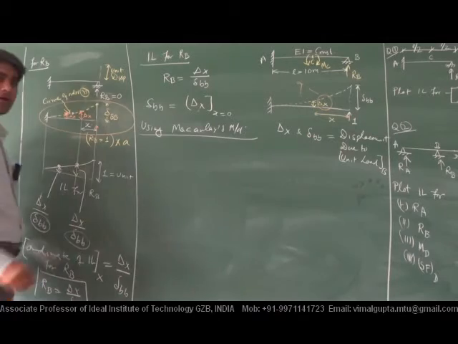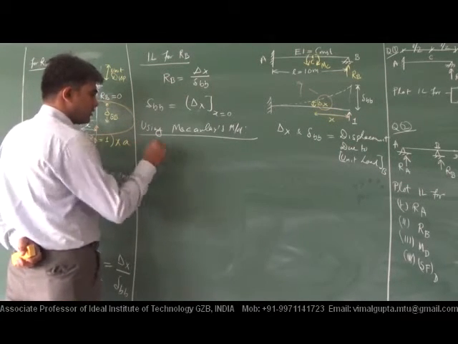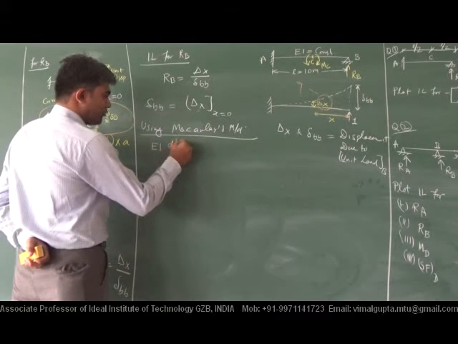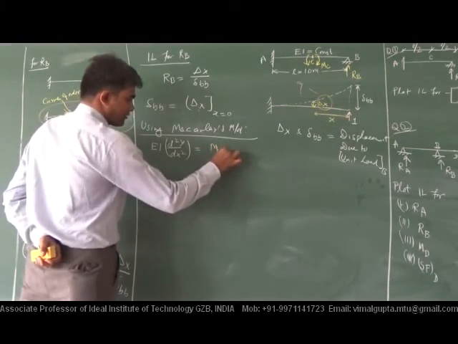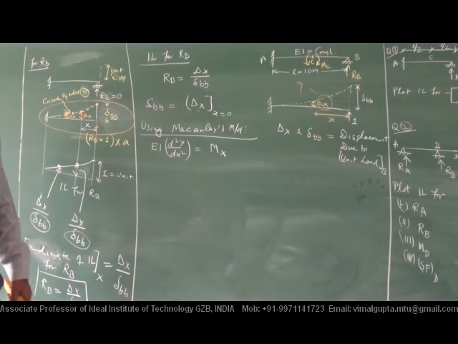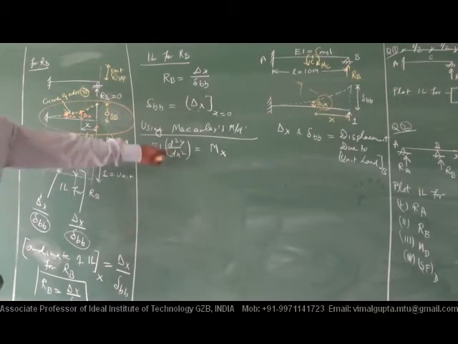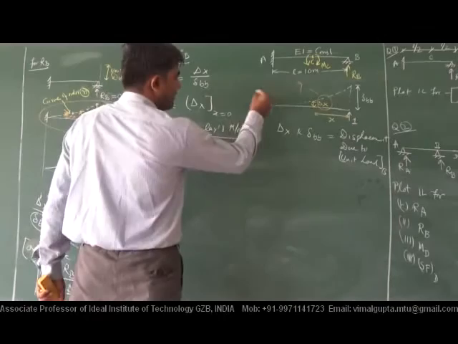And using Macaulay's method, we know that EI into d2y by dx square equals Mx. We know very well from strength of material. This is simple mathematics, and in that, what is the value of x and y?